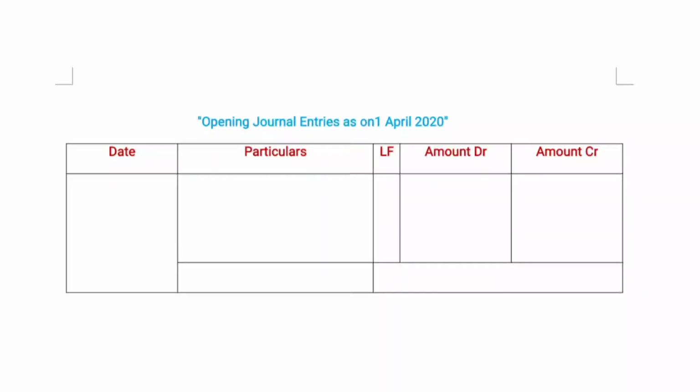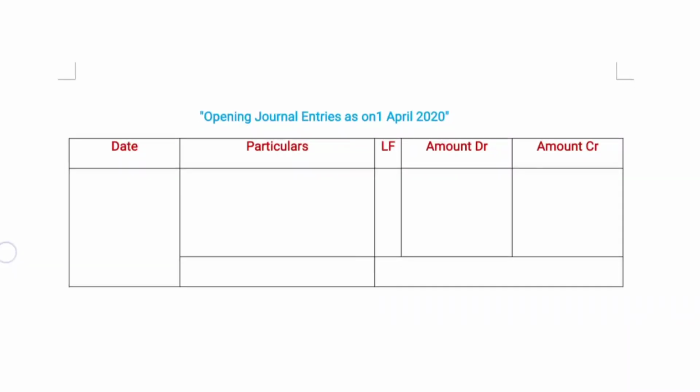The given transactions are divided into assets and liabilities and recorded in particulars. All assets are taken on the debit side and all liabilities are shown on the credit side with the prefix "To". If assets exceed liabilities, we write "To Capital Account", and the difference between assets and liabilities is written here.